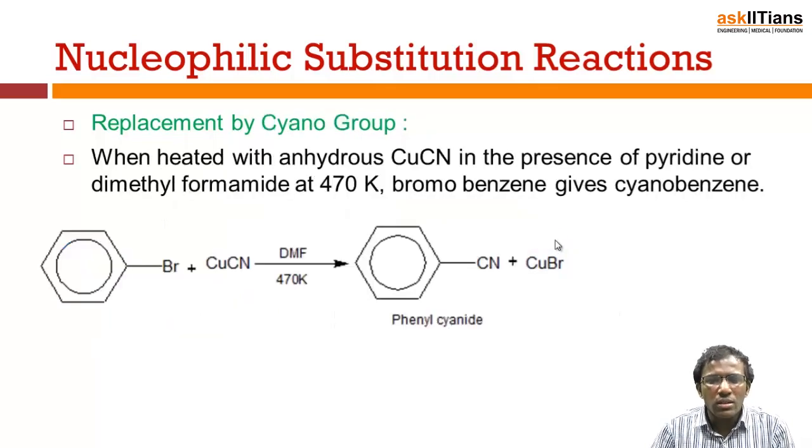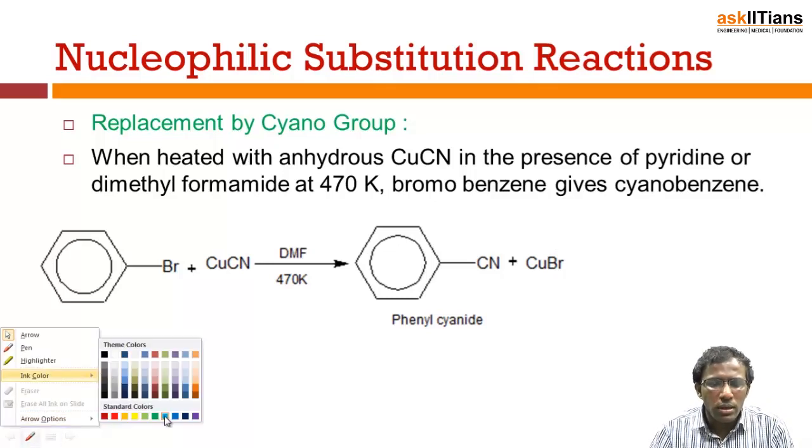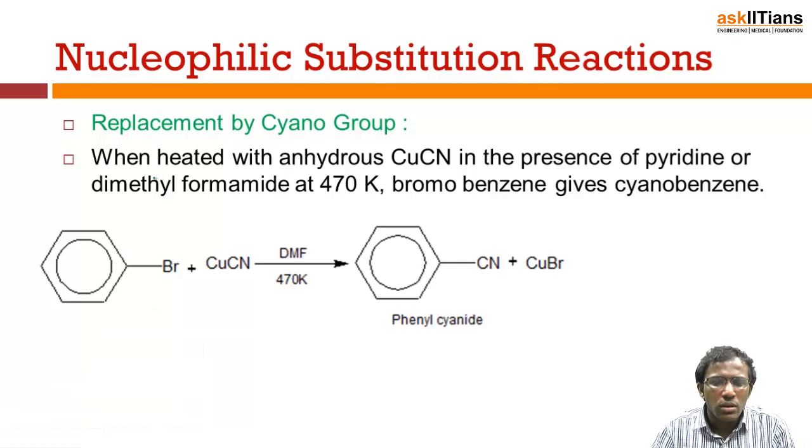Let's see the replacement by the cyano group, which is more or less similar to the replacement by OH, but the conditions may be different. Here I am taking bromobenzene, and we heat it with anhydrous copper cyanide in the presence of pyridine or dimethyl formamide, DMF, at a temperature of 470 Kelvin.